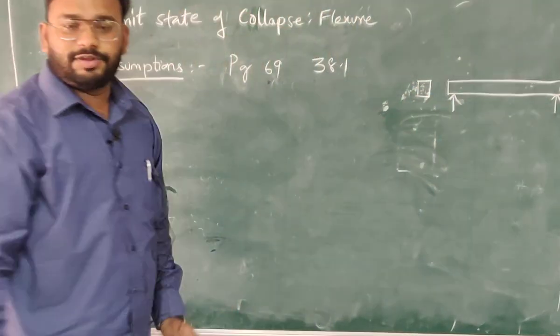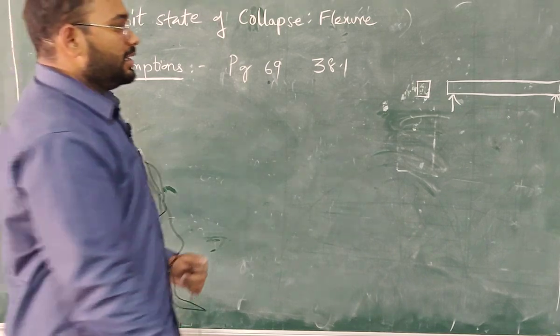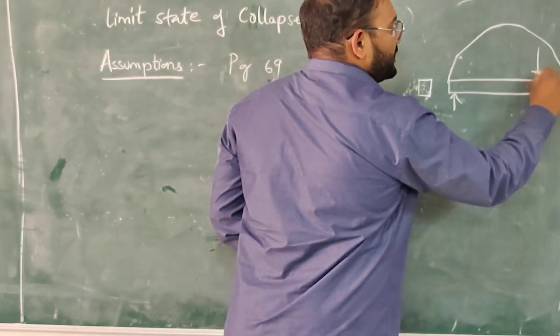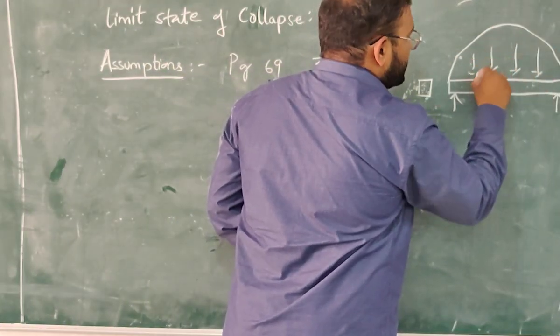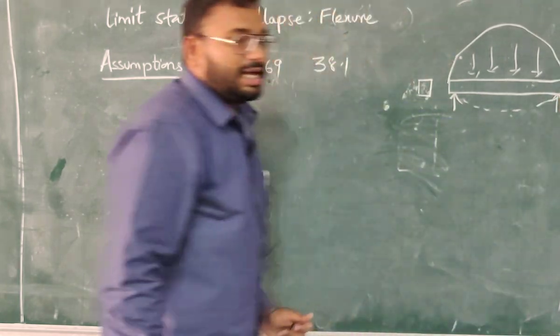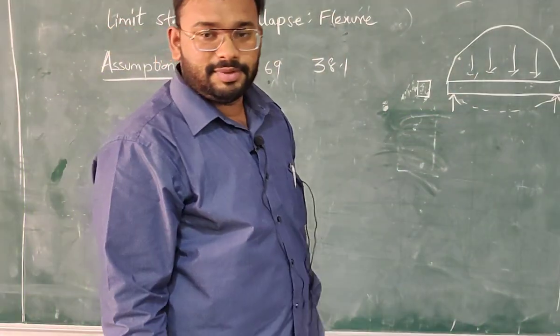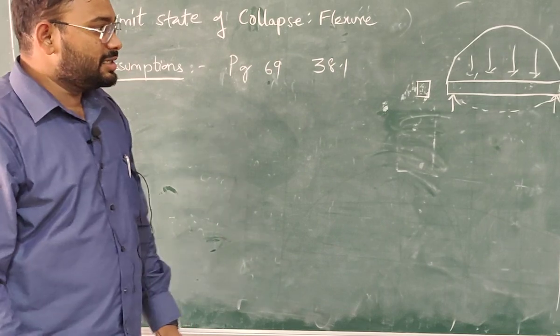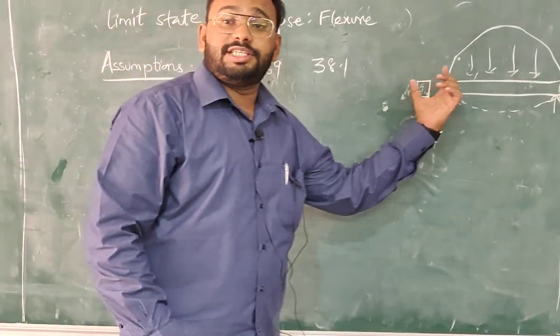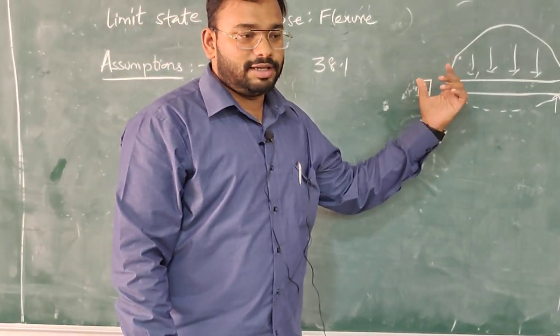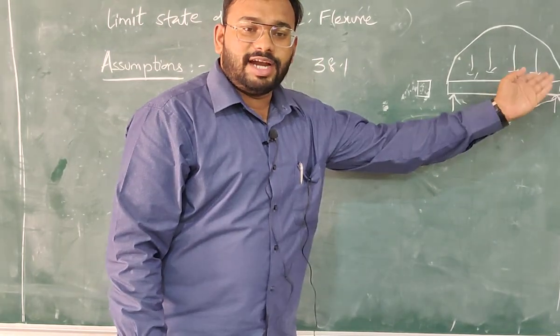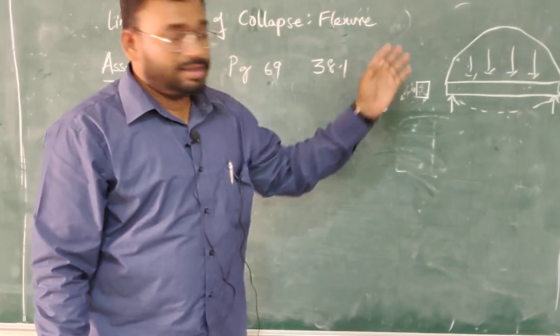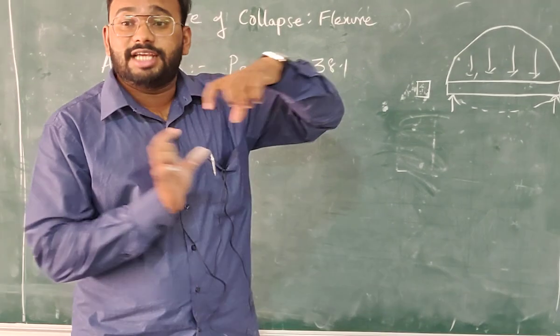Now you have applied some loading on this beam which has caused deflection and generated bending moments in the beam. Now what this clause says is, there is no shape distortion in the beam. This beam will deflect in the longitudinal direction only. This will not have any shape distortion.